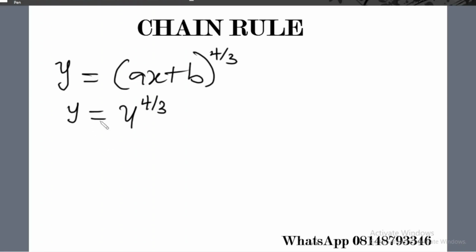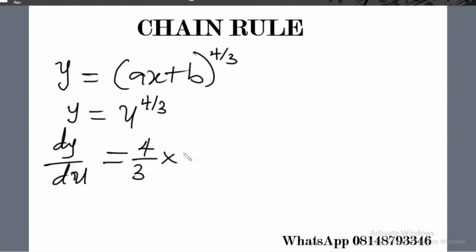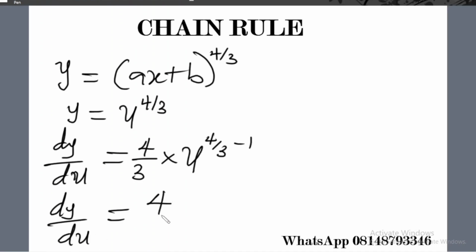Now let's find dy all over du. So dy all over du equals, you multiply u by the power, which is 4 over 3, and then subtract 1 from the power, which is 4 over 3 minus 1. Now, dy all over du equals 4 over 3 u raised to power, if you solve this out, it would give you 1 over 3.